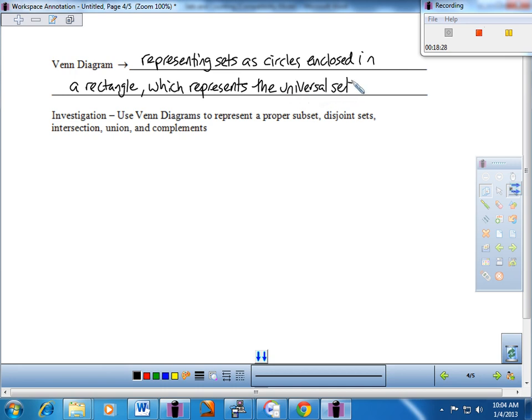Okay, good. And so we'll go ahead and draw some of these out here, see what you think. Get some ideas going with what is called a proper subset, disjoint sets, intersection again, union, and then complements as well. So we're going to do a little shading in here momentarily. But everyone, why don't we start this out?